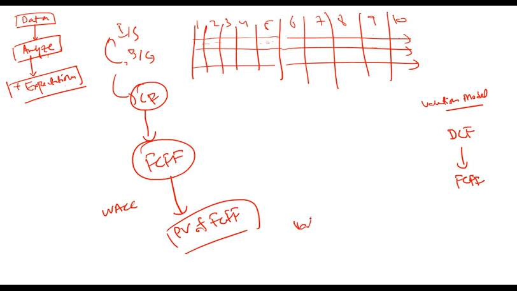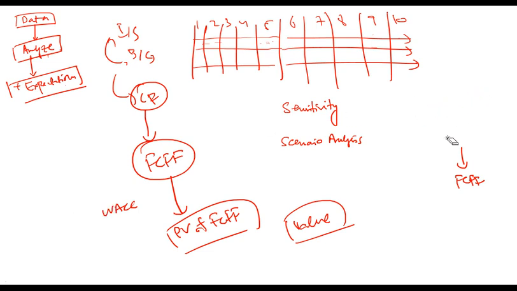Once you have arrived at the value, this is not enough. Why? Because this value is dependent on some assumptions. If those assumptions change, value will change. So you perform some more analysis, like sensitivity analysis or scenario analysis.